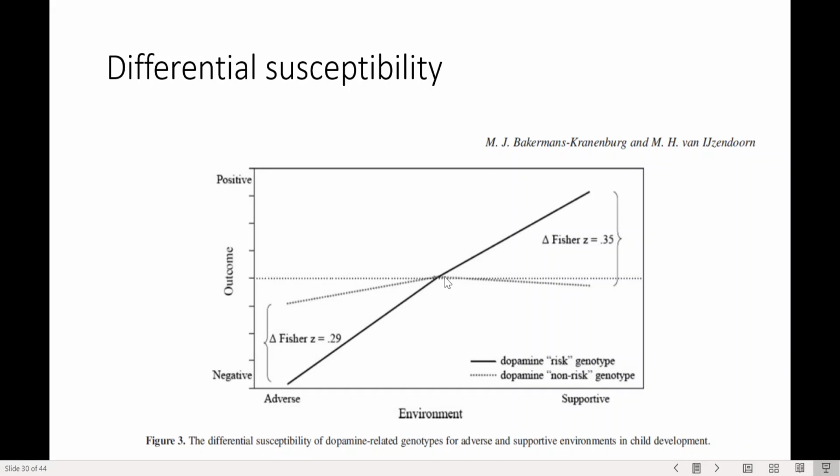But these same individuals also, once placed in a supportive environment, were able to grow, and in some cases were doing even better than those individuals that were classified as low risk. Right? So the idea is that there are groups of individuals with specific genetic predispositions that will show relatively negative life outcomes if placed in adverse environments, but will show very positive outcomes if placed in a supportive environment.